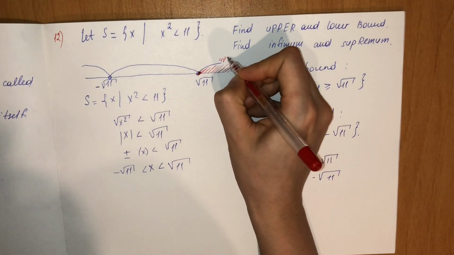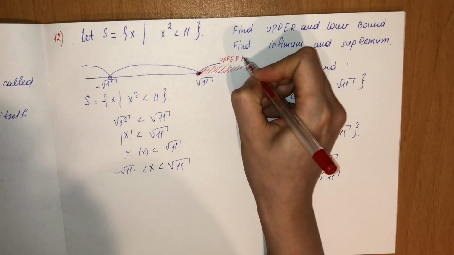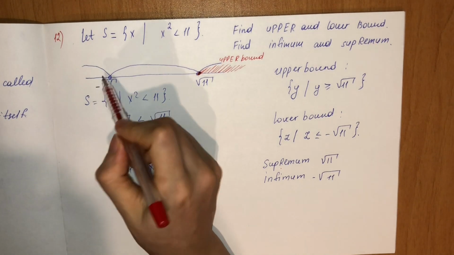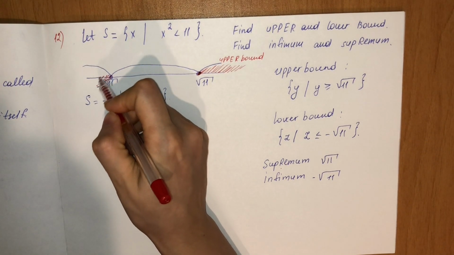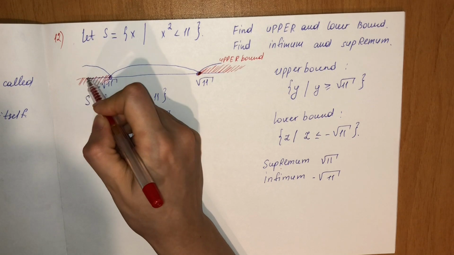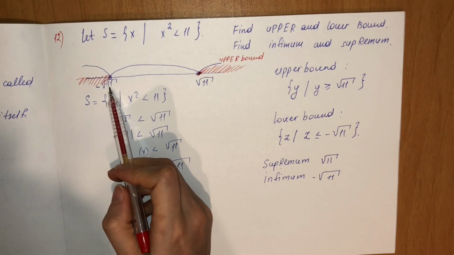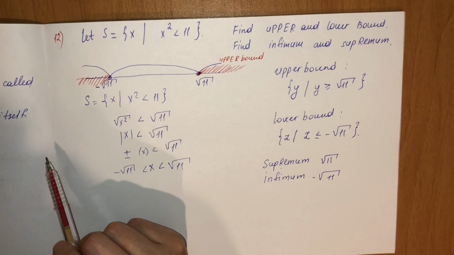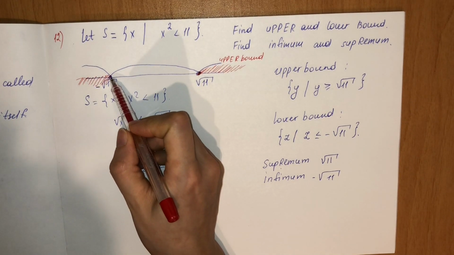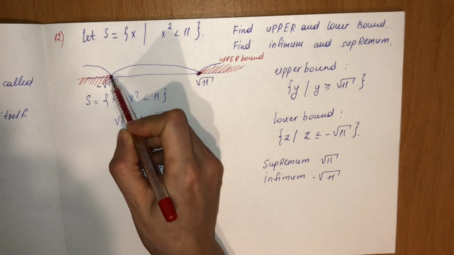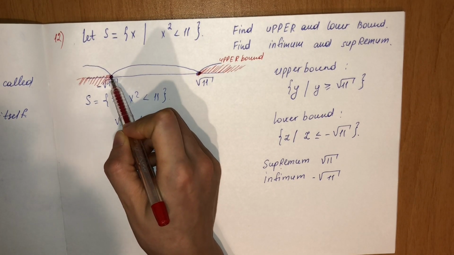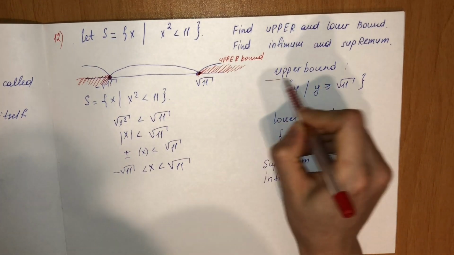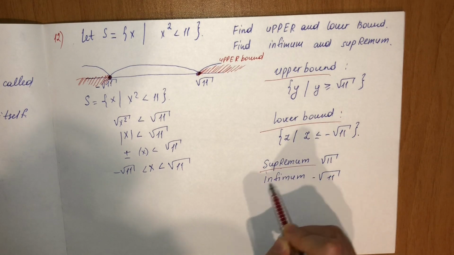This is the upper bound. What about the lower bound? The elements which are less than or equal to minus the square root of 11 are the lower bound, and the greatest element of the lower bound, minus the square root of 11, is the infimum of this set. So we found the answers.